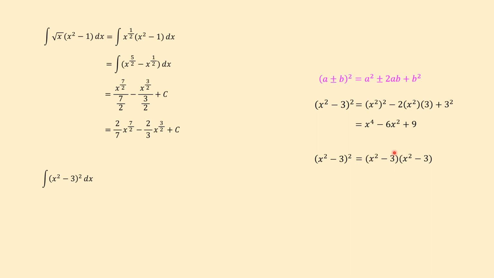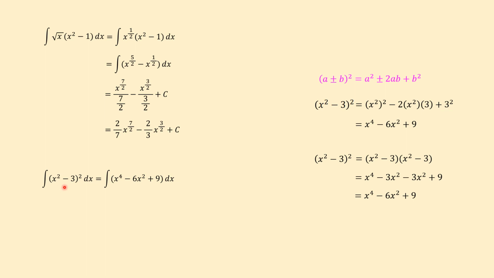And so we can multiply the terms in the first bracket by the terms of the second bracket with the FOIL method. x to the 2 times x to the 2 is x to the 4, minus 3 times x to the 2, minus 3x to the 2, minus again 3 times x to the 2, minus 3x to the 2, and finally minus 3 times minus 3 is plus 9. Negative 3x to the 2 and negative 3x to the 2 is negative 6x to the 2. So it equals x to the 4 minus 6x to the 2 plus 9. The answers are the same. Now it depends on you which method you prefer: you prefer to multiply the expression by itself, or you prefer to use this identity.